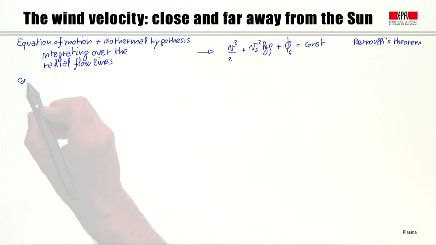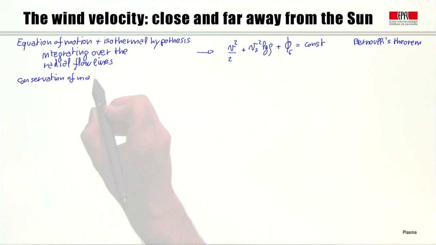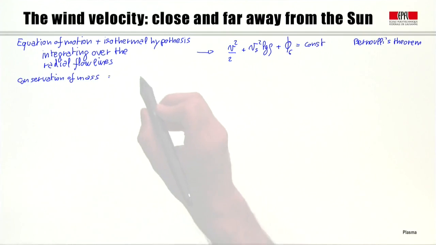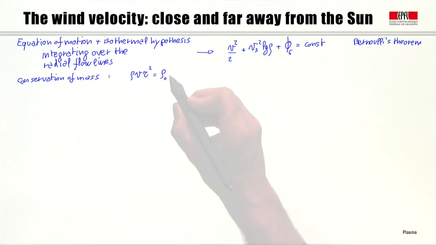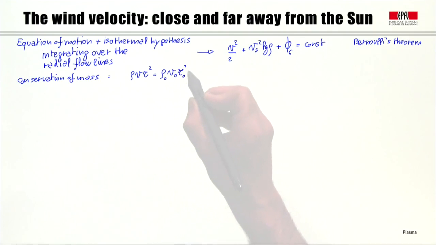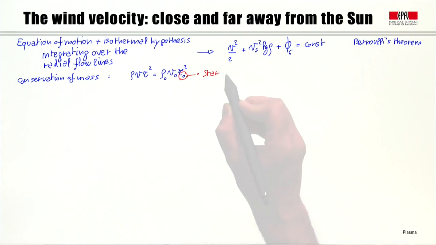Let's now use the conservation of mass in spherical geometry, which states that the product of the density times the velocity times the square of the radius is constant. The suffix 0 here indicates the starting values.